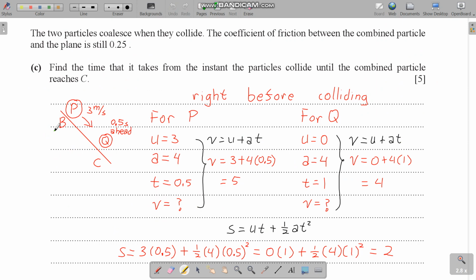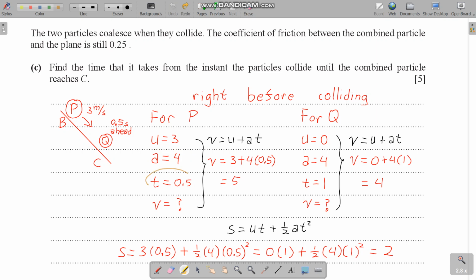Next part, the two particles coalesce when they collide. The coefficient of friction is still the same. Find the time taken for the combined particle to reach C. The first step, right before colliding, we know that for P the velocity is 3 and the acceleration during the rough patch is 4.